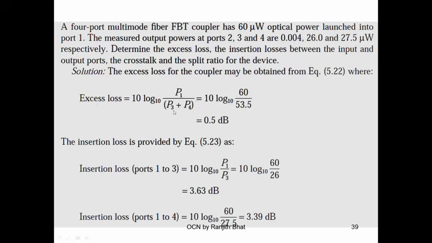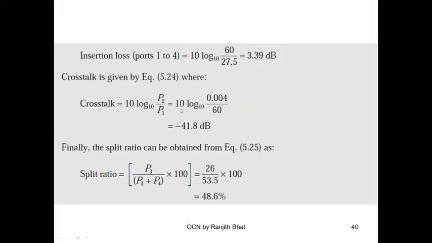Excess loss has P1, P3, P4, and insertion loss P1 and P3. Insertion loss from 1 to 4 is P1 and P4, and split ratio and crosstalk are similar to the previously explained cases. You simply substitute P1, P2, P3, P4 and get all the losses in dB, except the split ratio, where you have P3 divided by P3 plus P4, times 100. It will give you the split ratio.